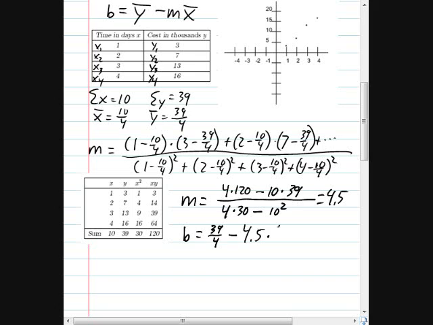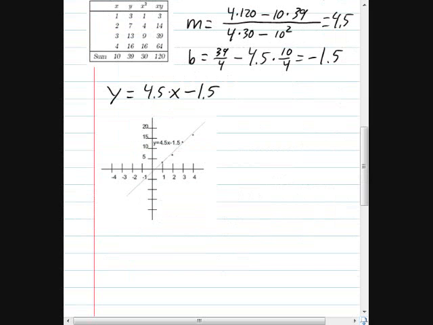And x bar is the sum of the x's over n. And if you work this out on your calculator, you'll see that b is equal to negative 1.5. So the line of best fit for this data set is y equals 4.5 times x minus 1.5.